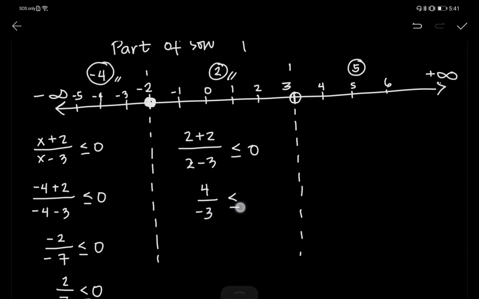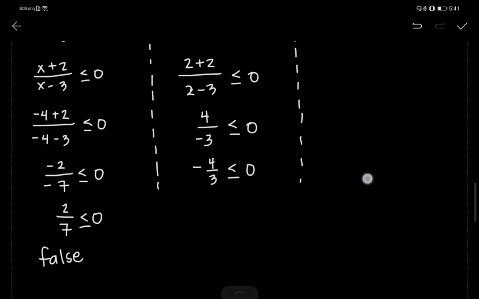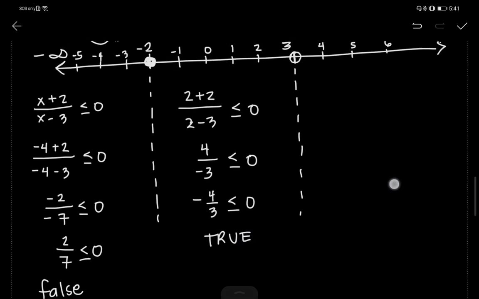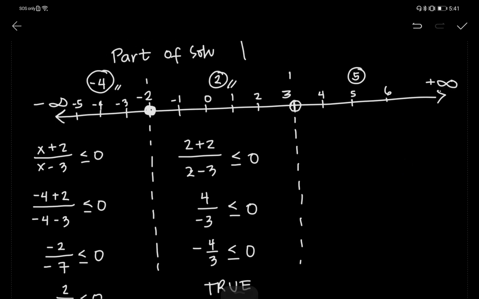So less than or equal to 0 ba ito? In this case, 4 over negative 1 ay magiging negative 4. Okay? Ang negative 4 ba is less than or equal to 0? Okay? Yes, we know. So this time, this is true. Ibig sabihin, nasatisfy niya yung condition.